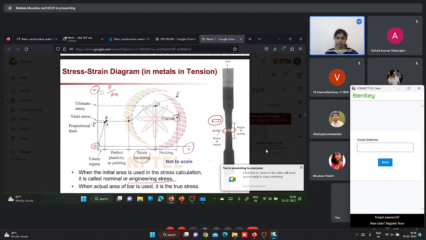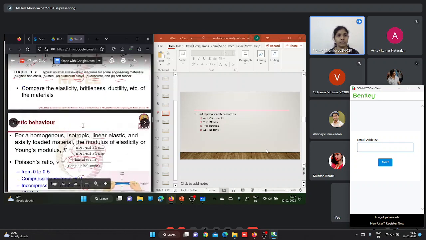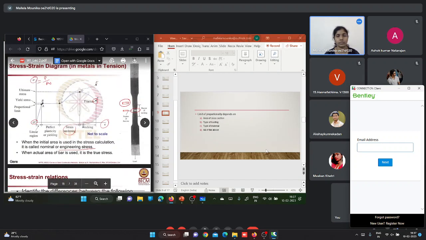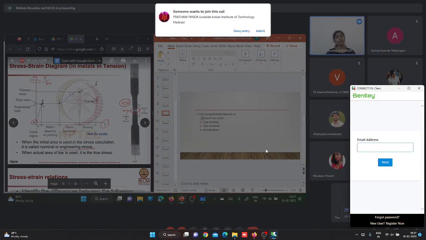This is the proportional limit. Which aspect will this depend on? These are the options.